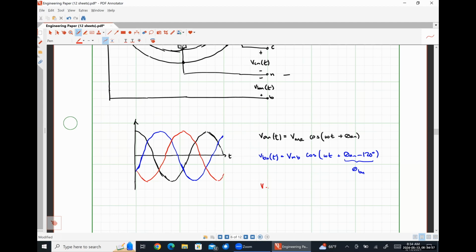Where this voltage VCN of t is going to look like VMC cosine omega t plus theta AN minus 240 degrees.